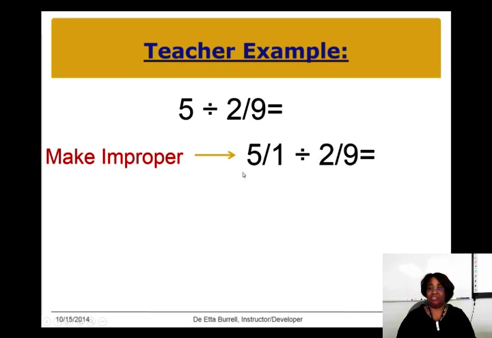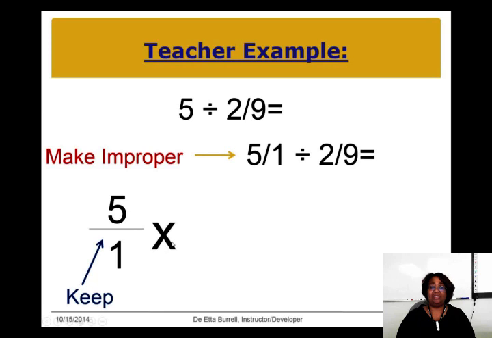All I did was change the 5 to 5 over 1. Step number 1. Then, step number 2, I want to keep the first fraction, which is 5 over 1. I want to switch the operation from division to multiplication.